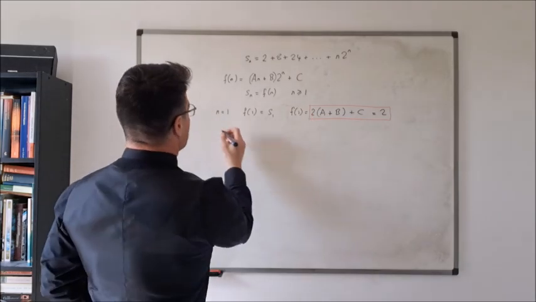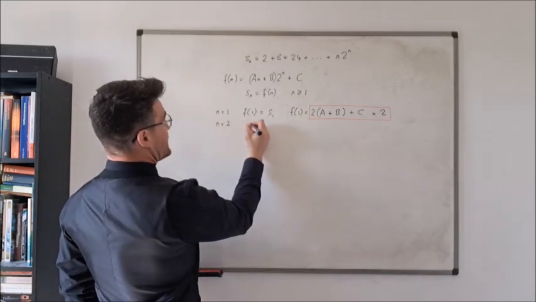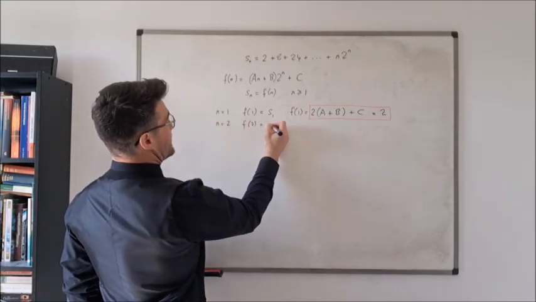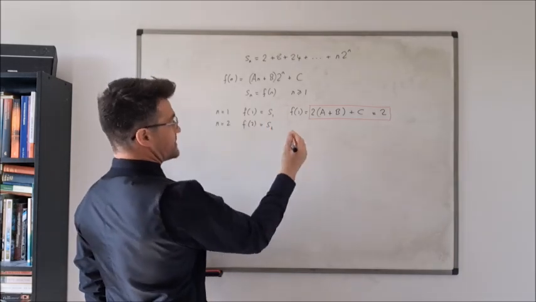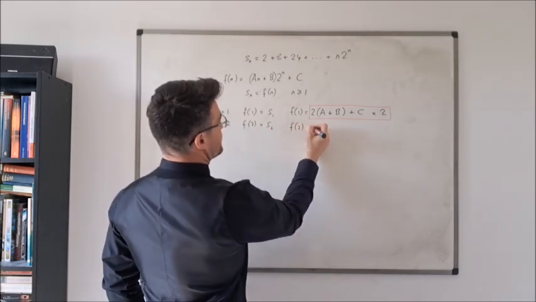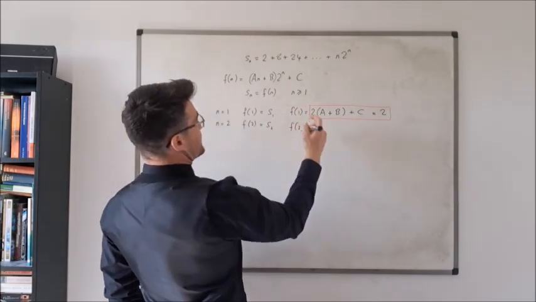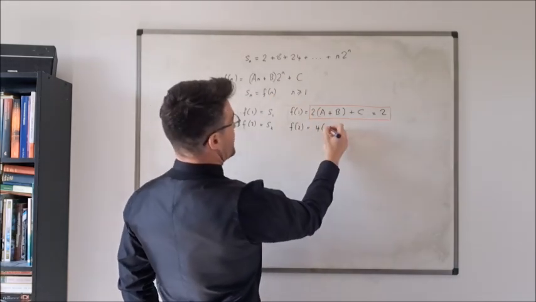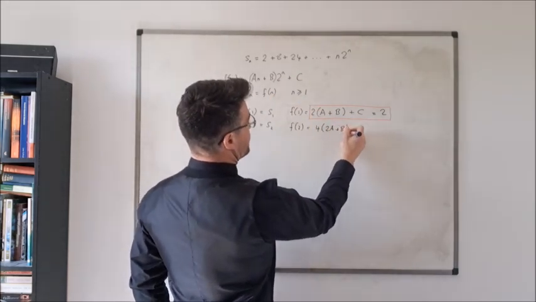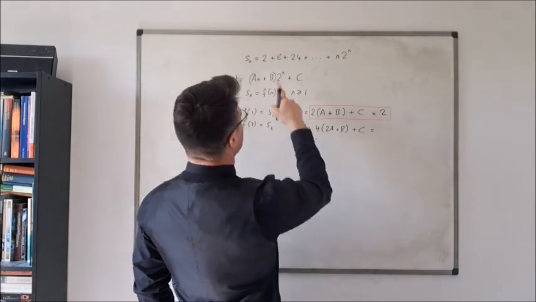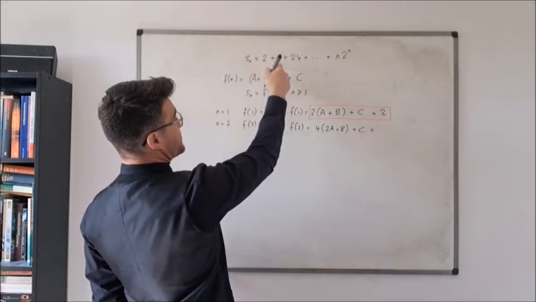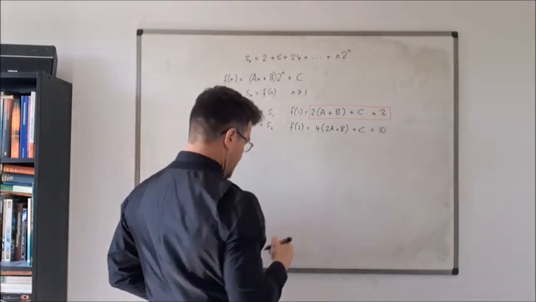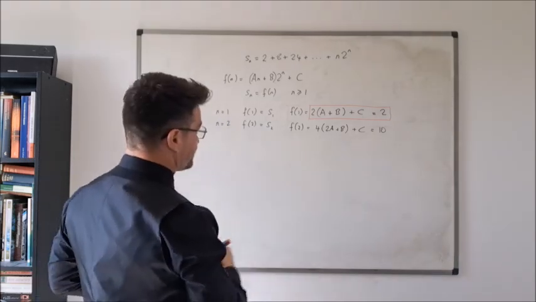Then we're told to choose n equals 2, and we know that F(2) is equal to S_2. F_2 is 2 to the power of 2, which is 4, times 2a + b + c, and S_2 is going to be 2 + 8, which is 10. So that gives us another equation.